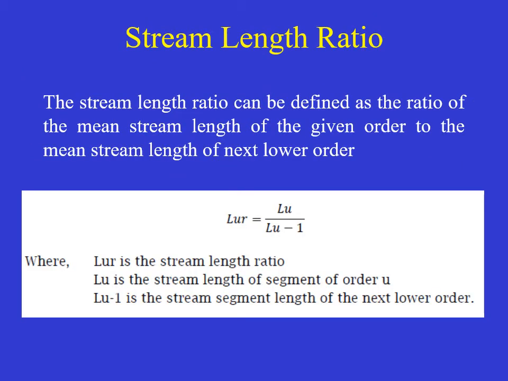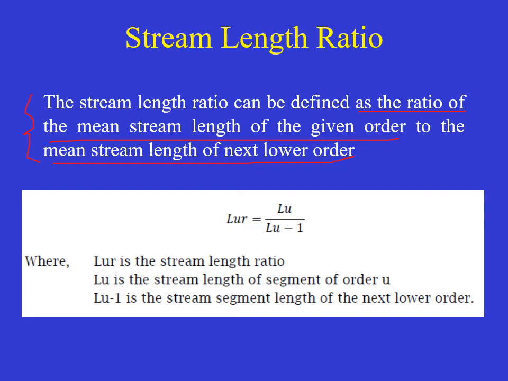Next is the stream length ratio. Stream length ratio can be defined as the ratio of the mean stream length of a given order to the mean stream length of the next lower order. Suppose you are told to estimate the stream length ratio between second order and first order stream. For determining stream length ratio, you always need the mean stream lengths of two successive orders.